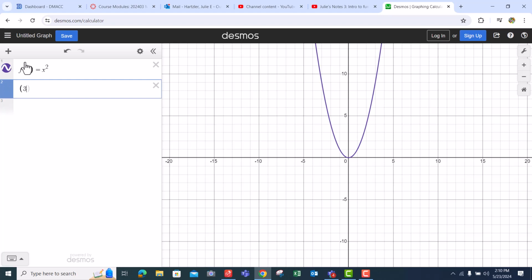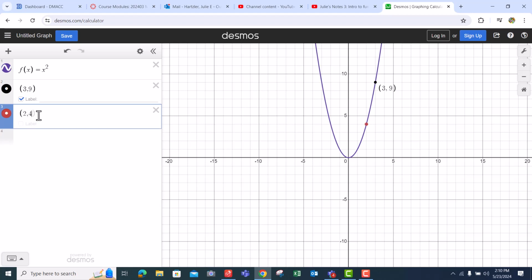If I input 3 squared, I get an output of 9. And I'm going to label it because a point is really input and output on your function. All right, and then let's do another one. Say I input 2 squared, my output will be 4. So my input is the side length of a square, my output is area. All right, and so what I want to do is find the rate of change between these. Rate of change is slope.